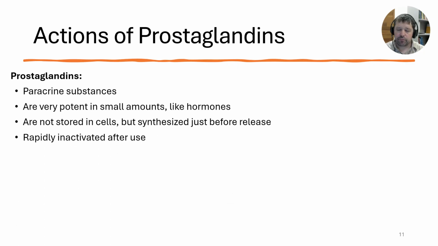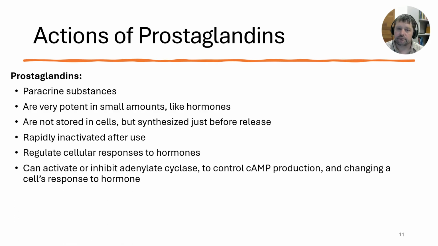Prostaglandins. Okay, these are substances that are like hormones, but not quite the same as a hormone. Okay, again, very potent in small amounts. They can't be stored in cells. And they're typically synthesized just before releasing, and they can activate very quickly and are useful for regulating response to hormones.